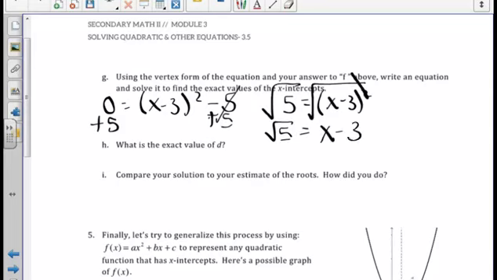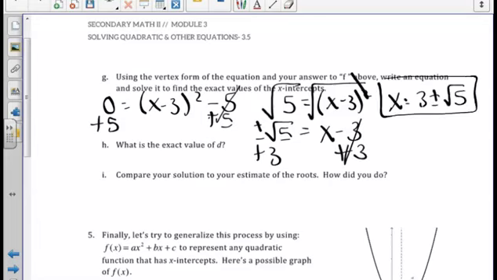Now, because we took the square root of both sides, that is plus and minus root 5. To get x by itself, we add 3, and we see that our x-intercepts are 3 plus or minus root 5.